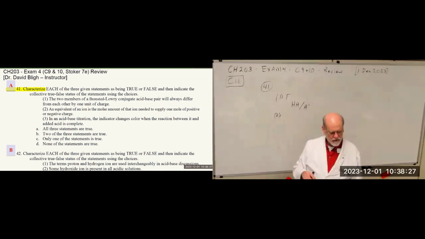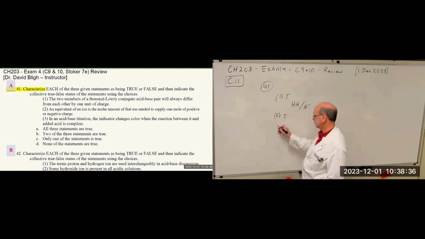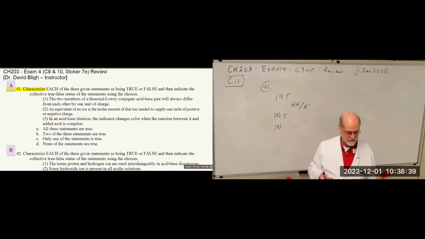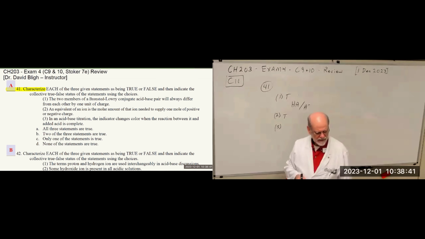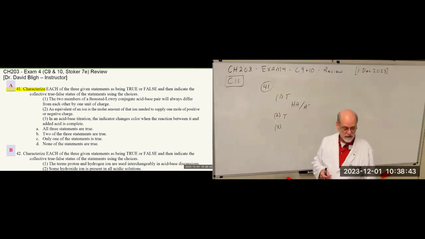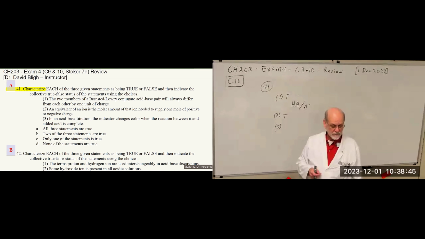2, an equivalent of an ion is the molar amount of that ion needed to supply 1 mole of positive or negative charge. That's the definition. That's simple. 3, in acid-base titration, the indicator changes color when the reaction between it and added acid is complete. I guess that could be true.